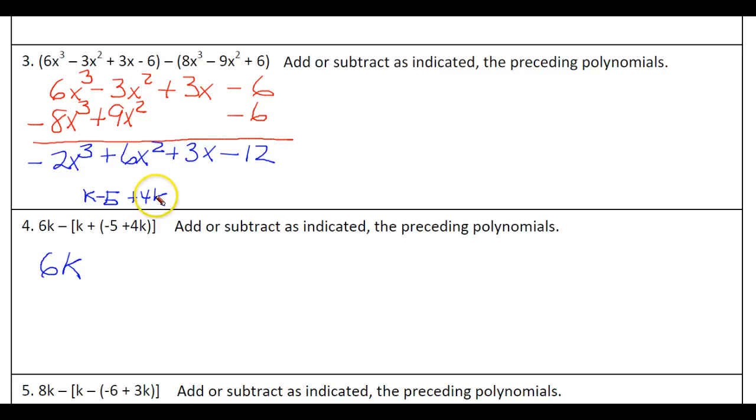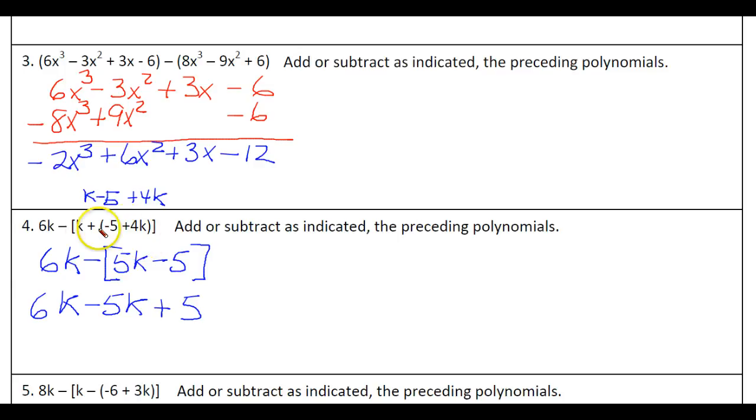So k plus k is 5k. Let me straighten that. That's better. So I've done it this way. K and this 4k add up to 5k and my negative 5.